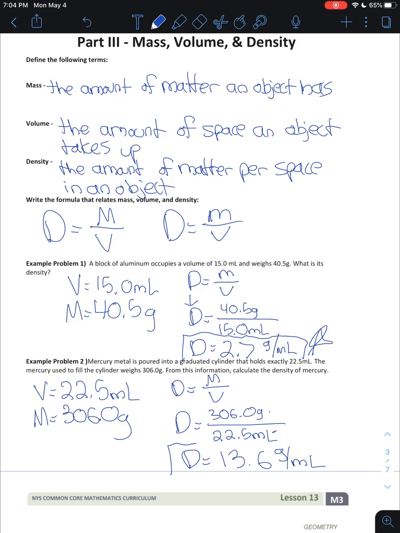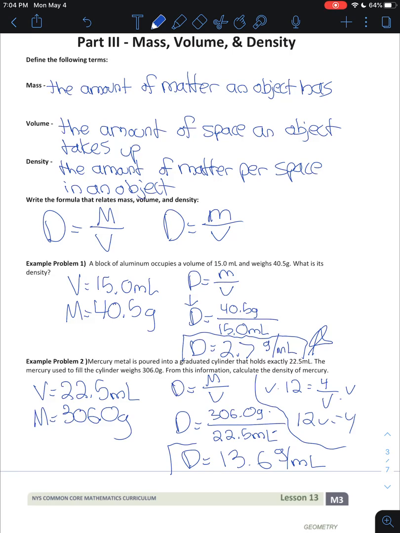So, for instance, if you had density and mass and you were looking for volume, then you would need to solve for V. You can multiply both sides by V. You get 12V equals like 4 or something. You could solve it that way. That's just a little side note there.